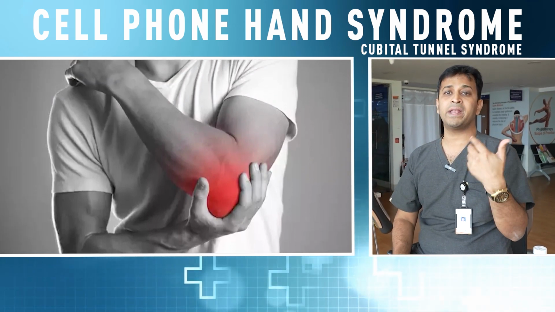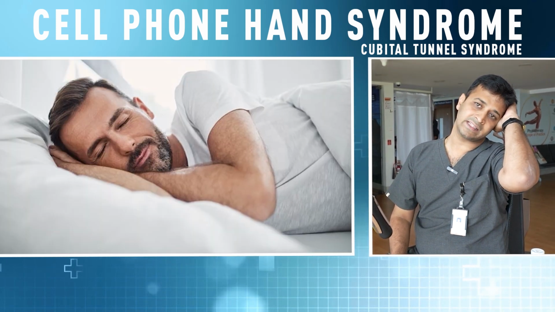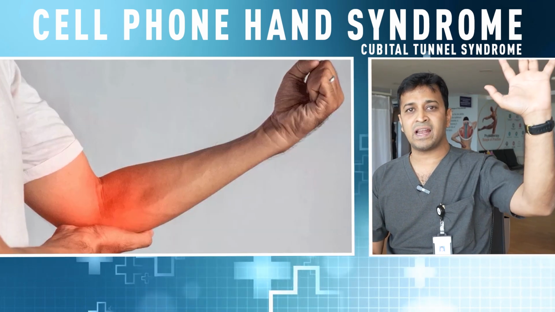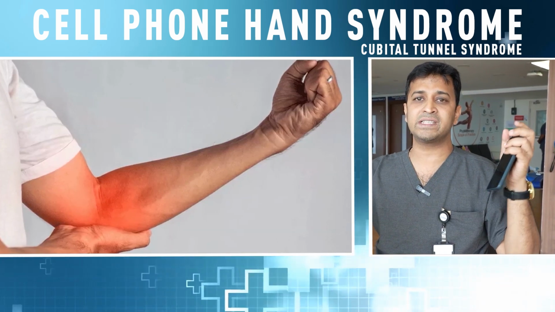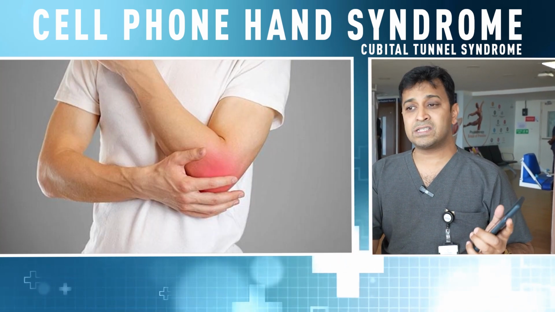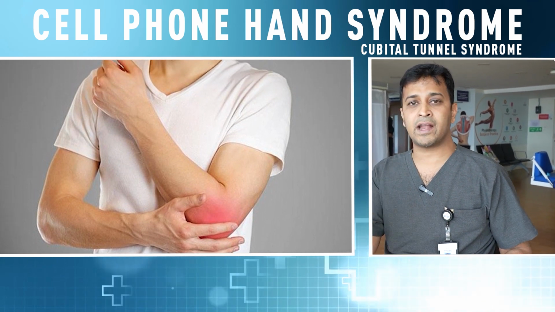Another thing is that many of us have a habit of keeping the hand bent like this while sleeping. Most of the time people suffer with the left hand, because the right hand is doing work and the left hand is used for phones. But it's not mandatory that they get it only on the left side. They can get it on the other side also.